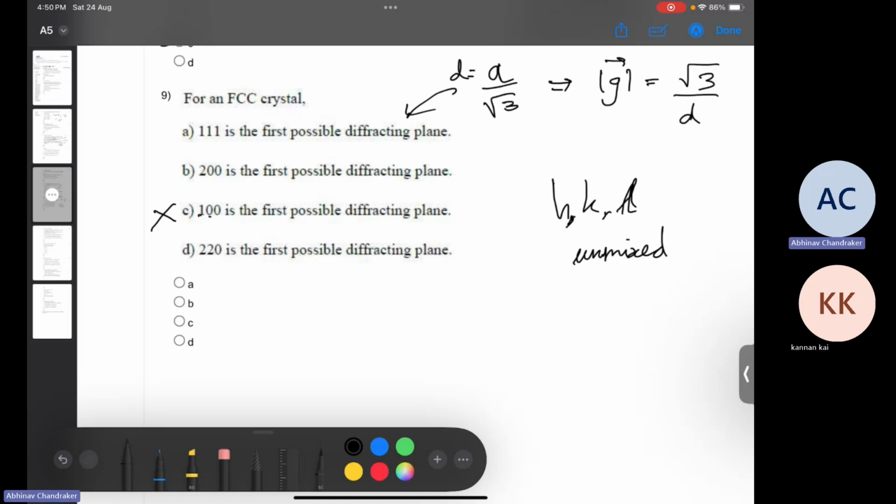Because this is the smallest g vector, it will be the closest to the central spot and it will be the first diffracting plane, and the answer is A.